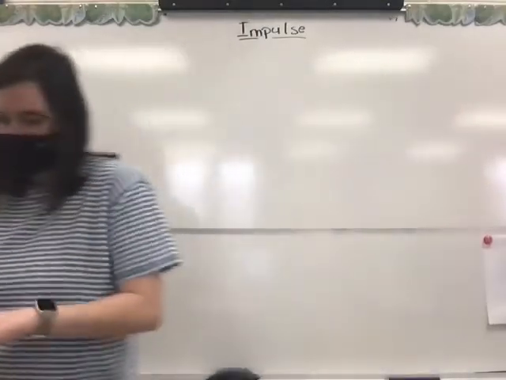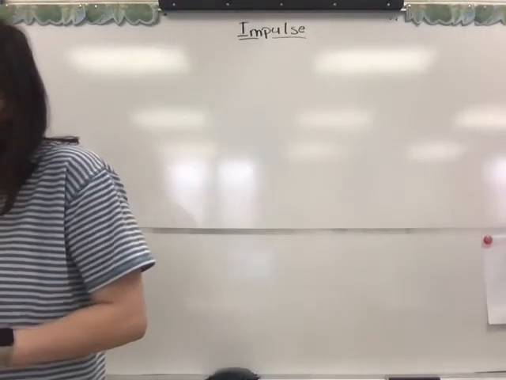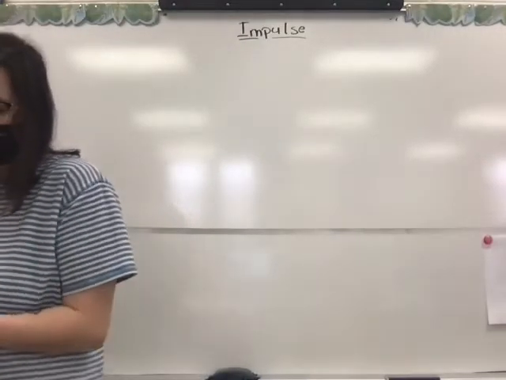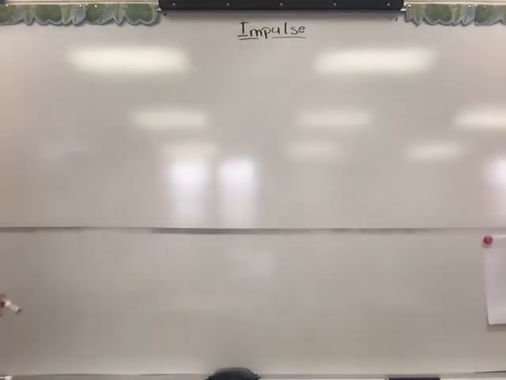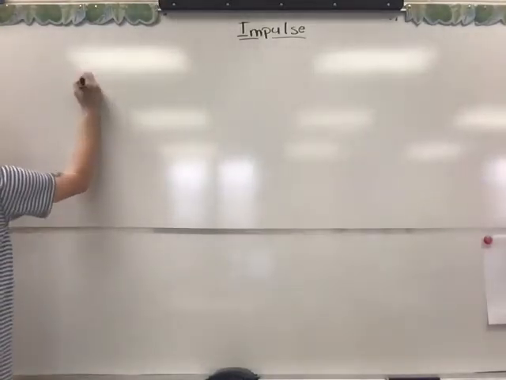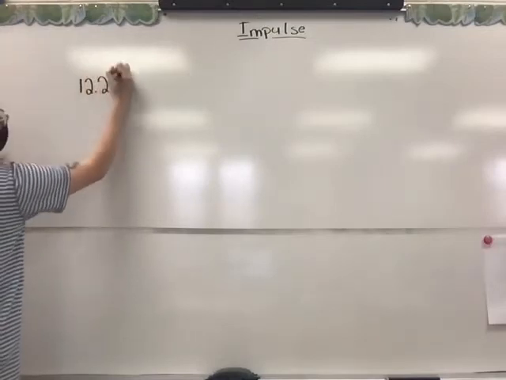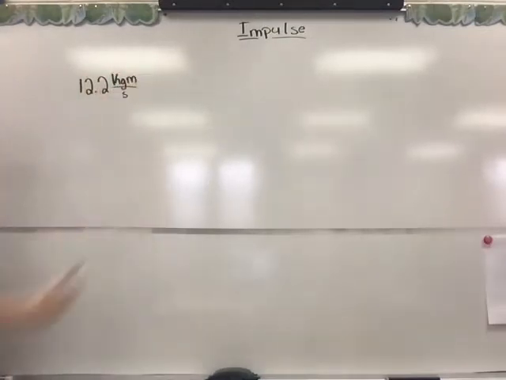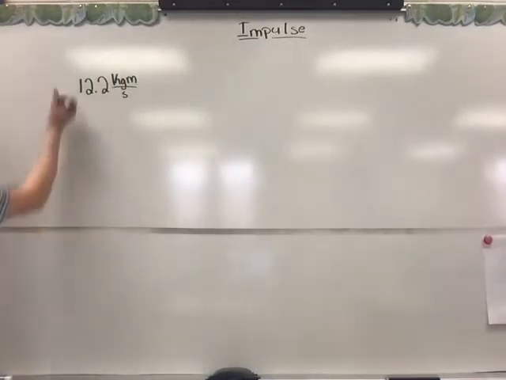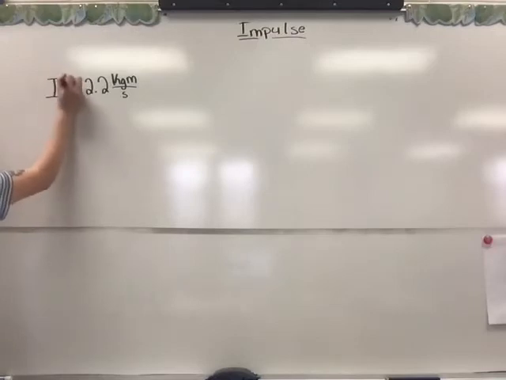All right, so now let's say we are going to deliver an impulse of 12.2 kilogram meters per second, okay? This is an impulse. So I equals 12.2 kilogram meters per second.